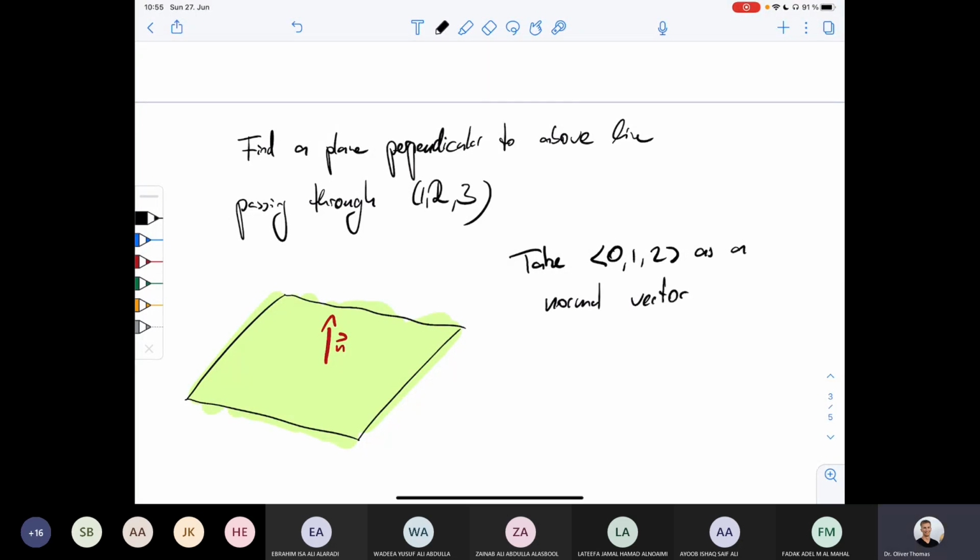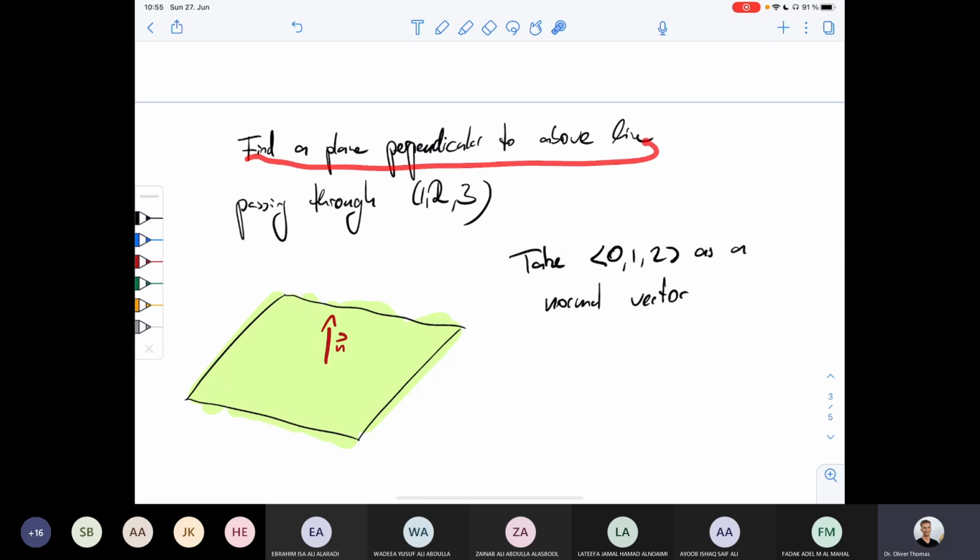The difference might just be that n is pointing down instead of up. But for building the dot product, taking minus of something only gives us a minus sign, and we're looking for a dot product that equals 0, so that doesn't change anything.